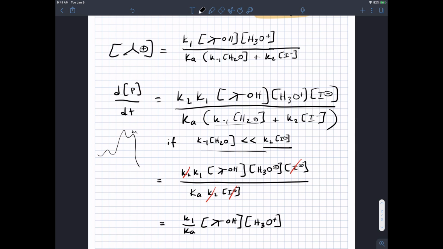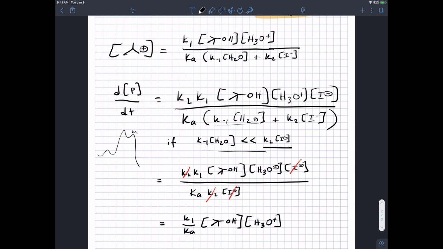Then it simplifies substantially. Okay, and again, this is what you expect for an SN1 reaction of the alcohol in water using HI as the acid, because losing the leaving group is the slow step.